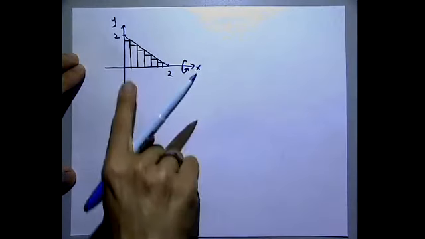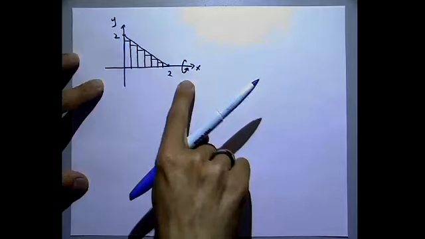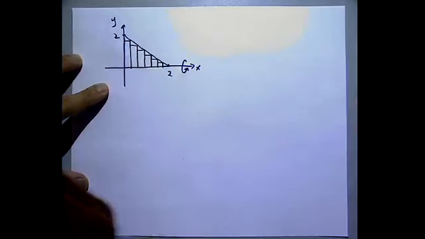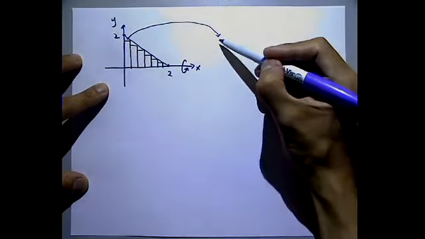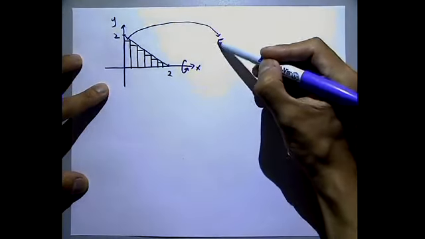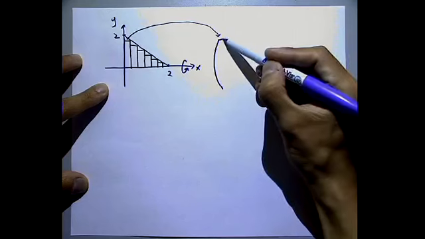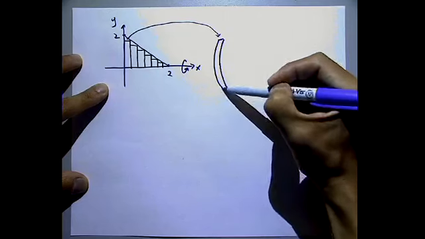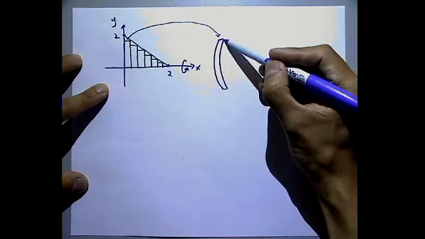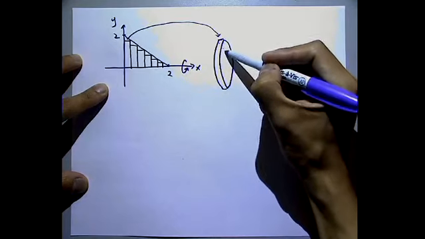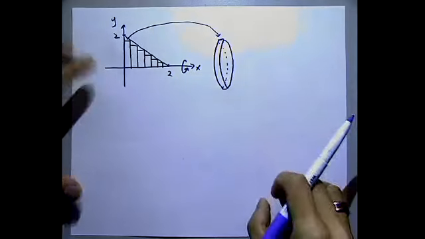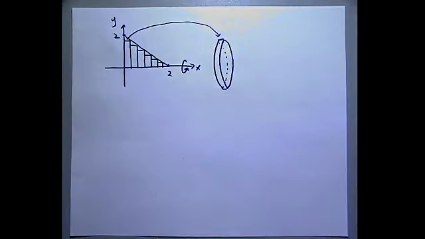Notice what happens if I revolve each rectangle around the x-axis. This first one, for example, when I revolve that, I get some kind of disk. Right? Can you visualize that?